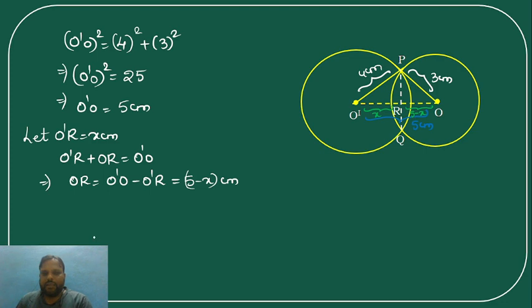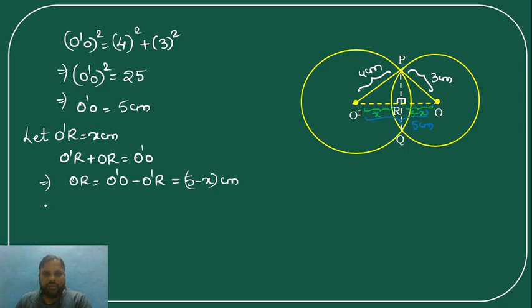Right. And you already know that the line joining the centers of the two circles will be perpendicular to the common chord. So this angle will be 90 degrees. This angle will be 90 degrees and also it bisects the chord. So what I will do here is, PR is equal to RQ. The line joining the centers of two circles bisects the common chord and is also perpendicular to the common chord.